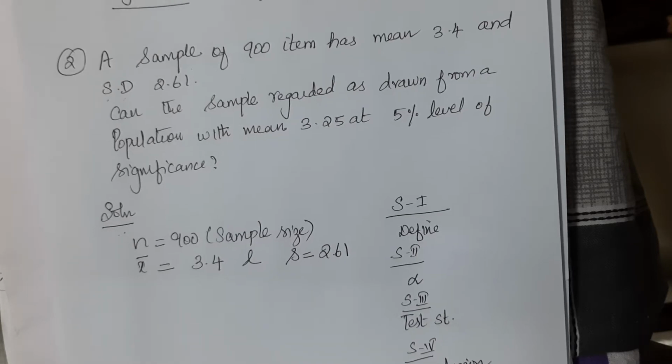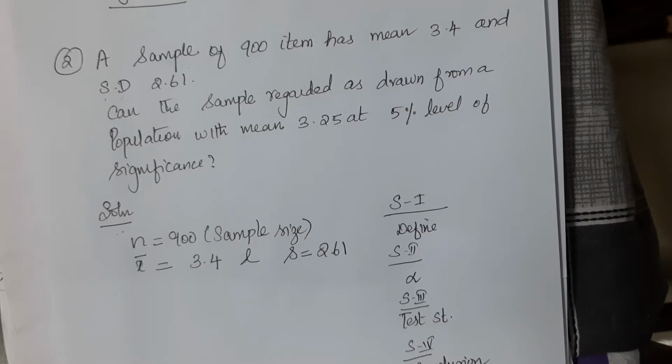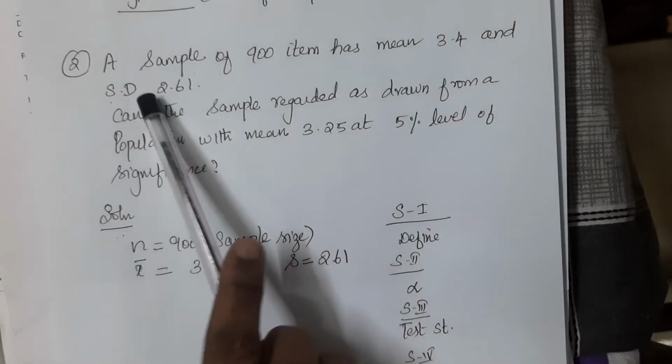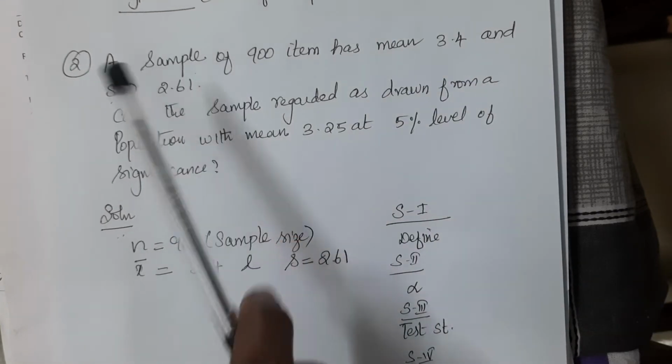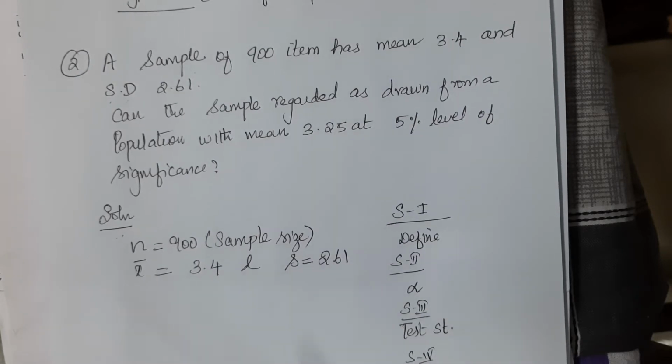The first problem in the previous class had the population standard deviation, so there we had the notation sigma. This question states the standard deviation of a sample, denoted by small s, equal to 2.61.